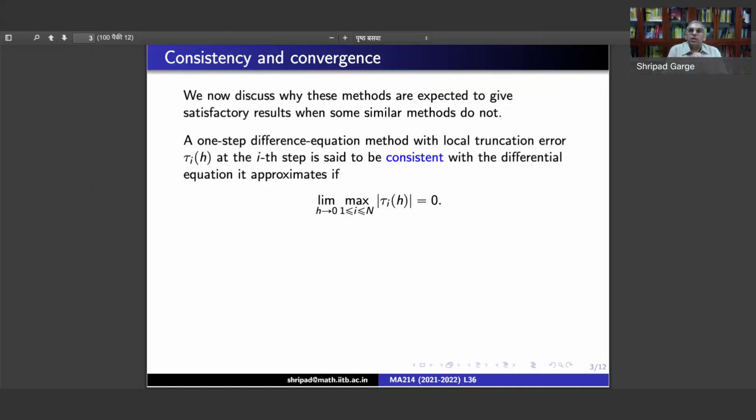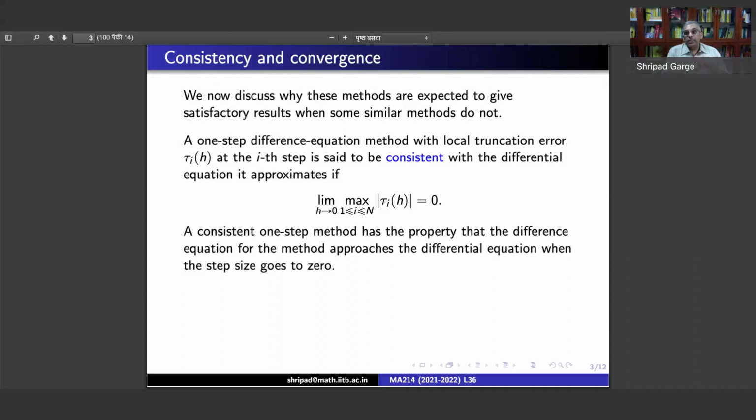The maximum of the local truncation errors should go to 0 as h goes to 0, because local truncation errors assume that your computation up to the ith step is correct, and then compute the error that may happen in the (i+1)th step. So this is a local property. Okay, so if your method is consistent, then the difference equation will approach the differential equation when the step size goes to 0.